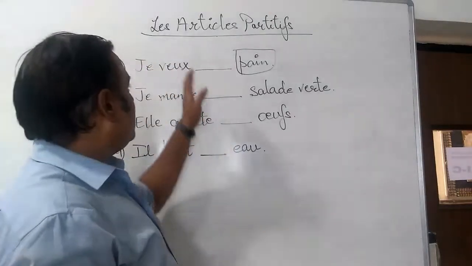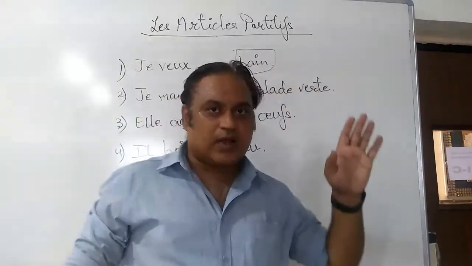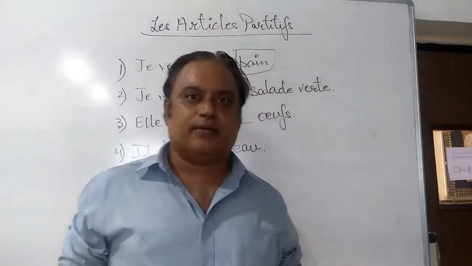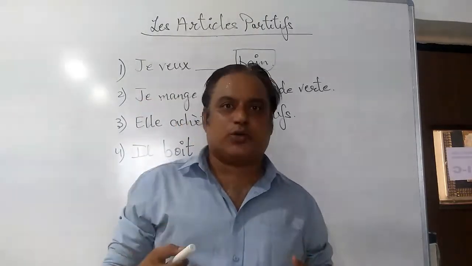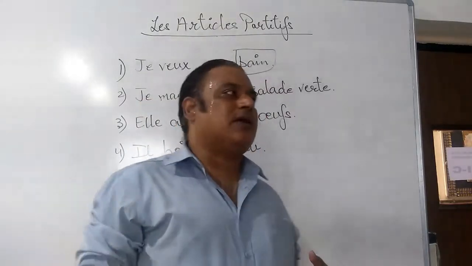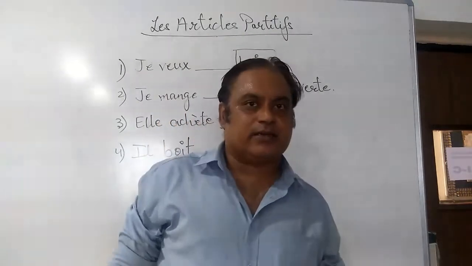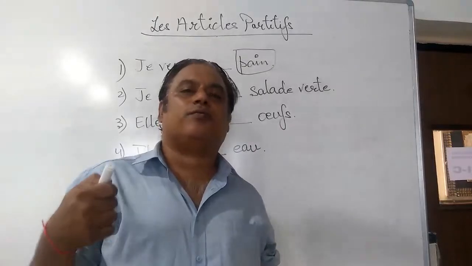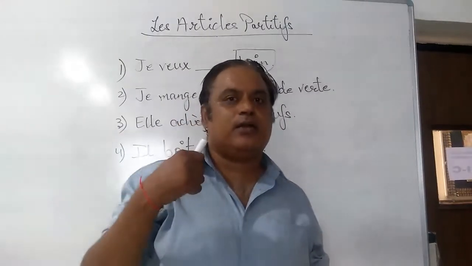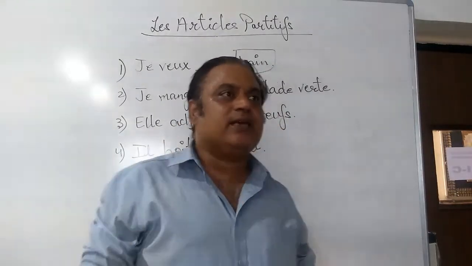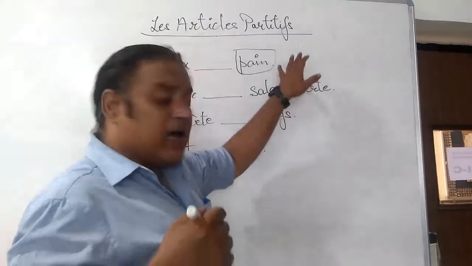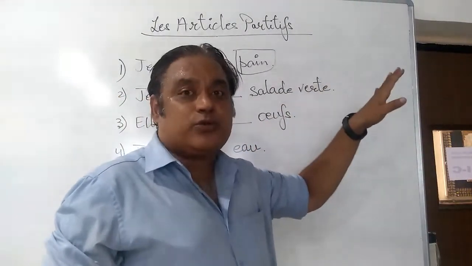The sentence says, je veux dash pain. I want dash bread. Obviously some has to come in, but which some? Because we have 4 in French, the partitive articles. So out of those 4, which one is going to be in the first blank? Let's see, our second step is going to tell us that.